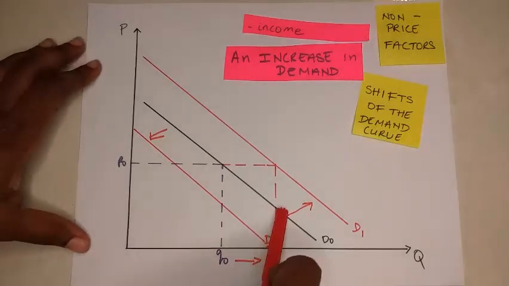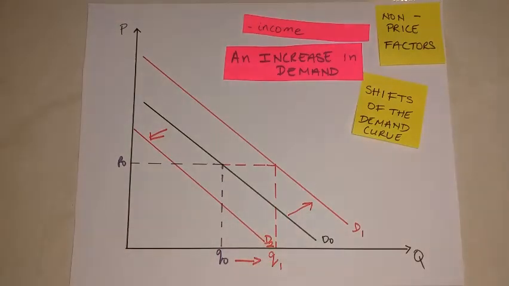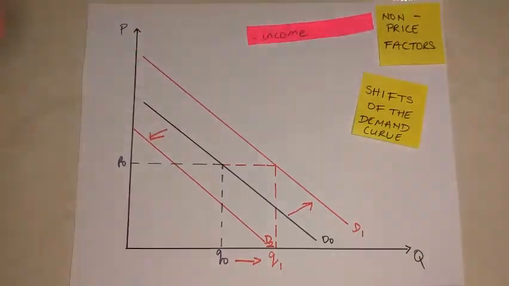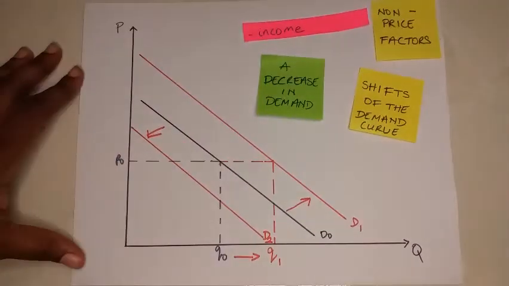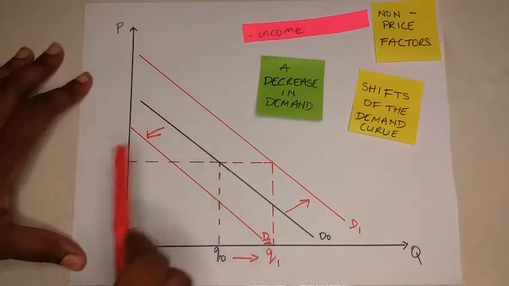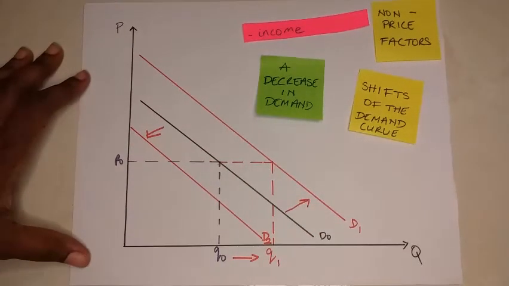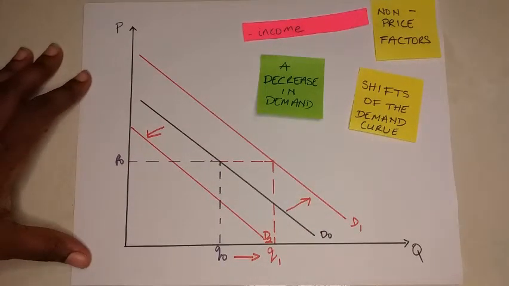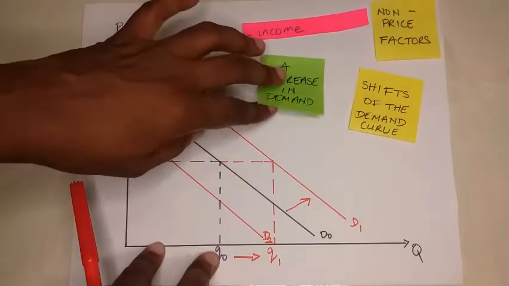That would cause the demand curve to shift from D0 to D2, a leftward shift in the demand curve, also known as a decrease in demand. So notice price remains constant, yet we are having movements of the demand curve, either a leftward shift indicating a decrease in demand or a rightward shift indicating an increase in demand.